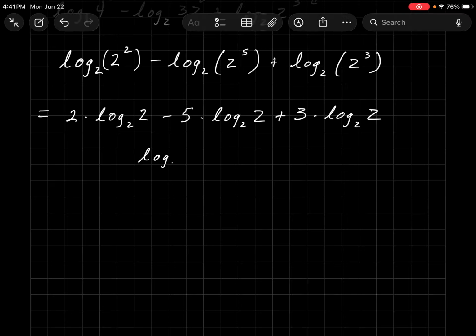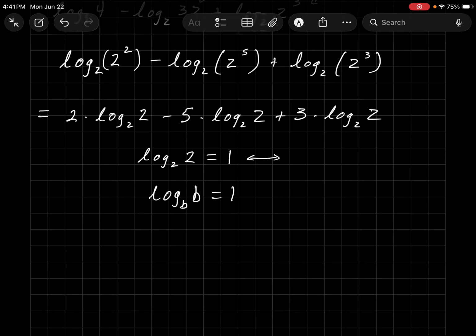And I will show this in a different video. But just to let you know that the log base 2 of 2 equals 1. In fact, the log base b of b equals 1. Now, why is that?